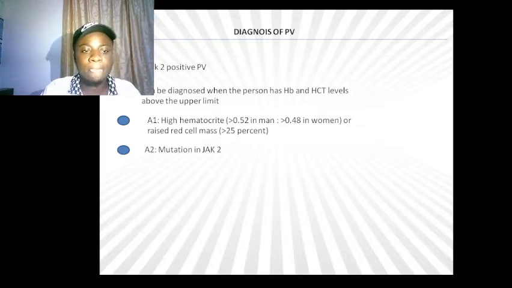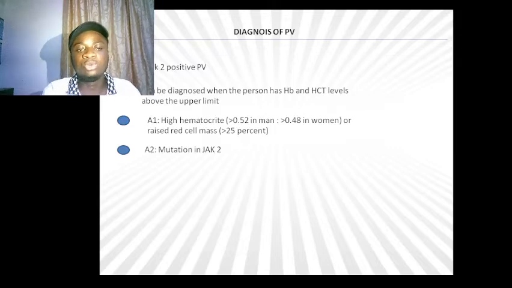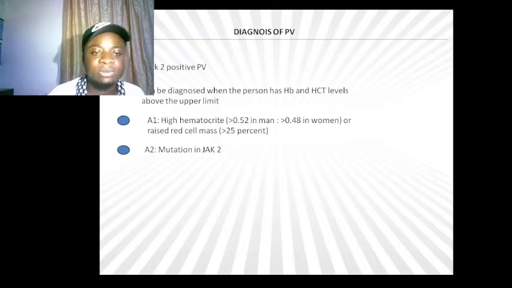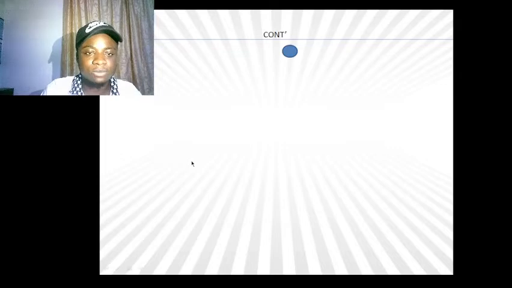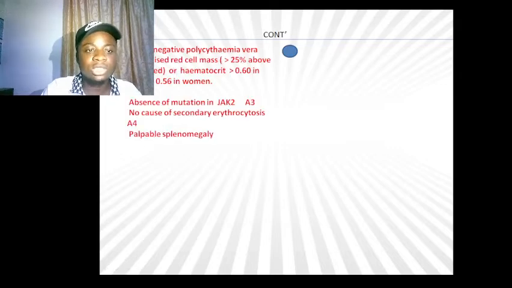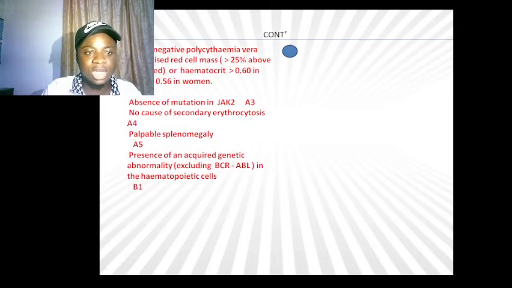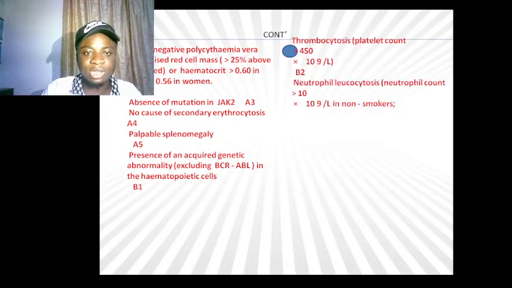For A1, there is high hematocrit, which is about 52% in men and 48% in women, or there will be raised red blood cell mass of about 25%. For A2, they check for the mutation in JAK2. So all these are subclassifications when it comes to the diagnosis.